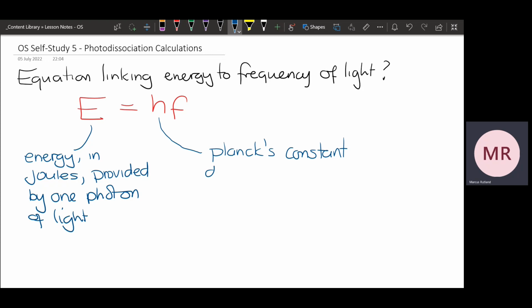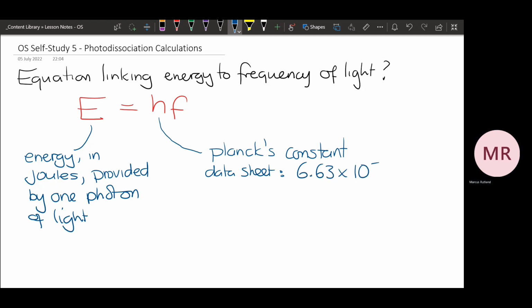It's on the data sheet, and it is 6.63 times 10 to the minus 34 joules per hertz. And then f is the frequency of light in hertz.